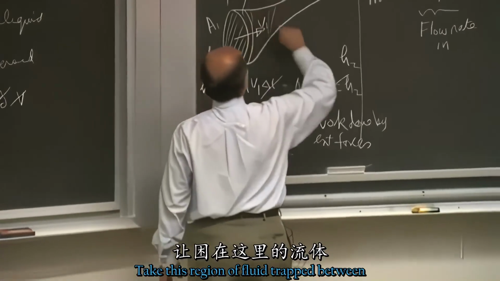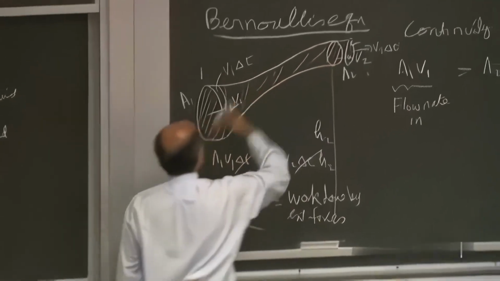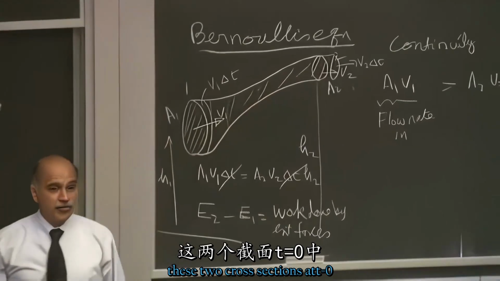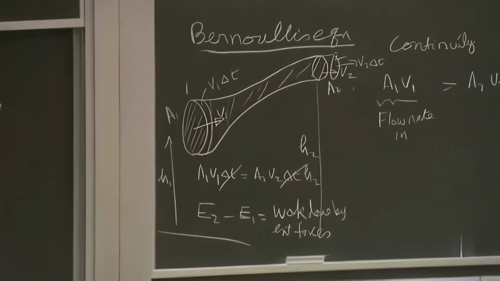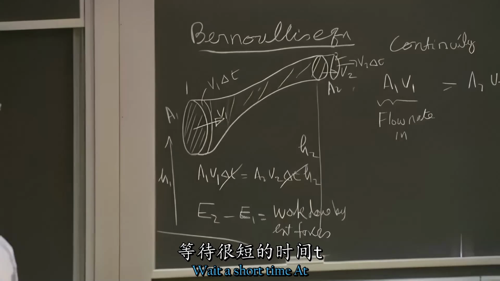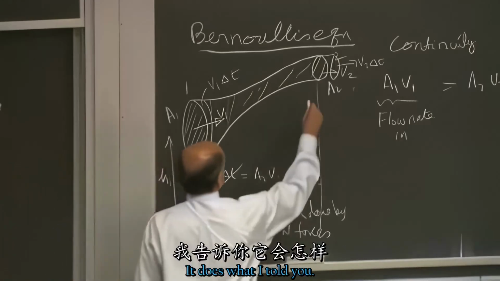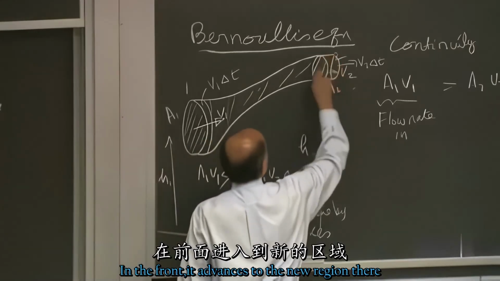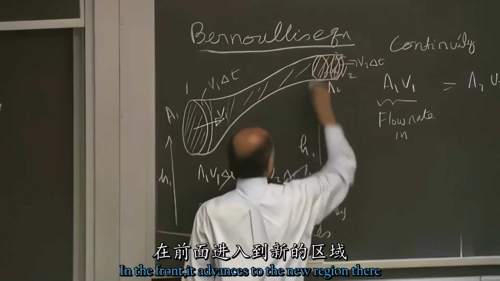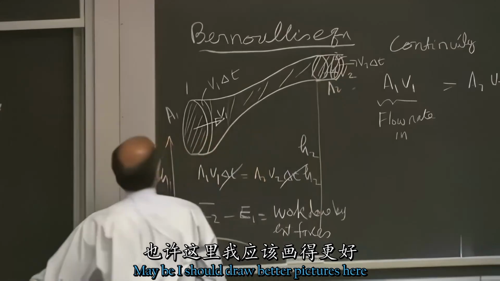So here's what I'm going to focus on. Take this region of fluid trapped between these two cross sections at t equal to 0. Wait a short time delta t. What happens to that body of fluid? It does what I told you. In the front, it advances to the new region there. Maybe I should draw a better picture here.